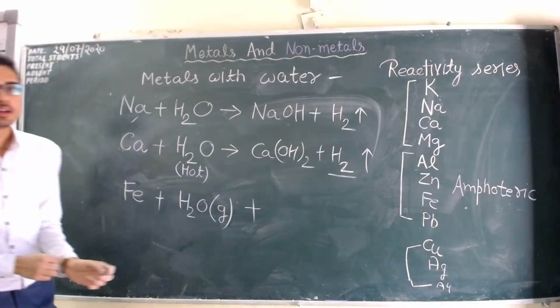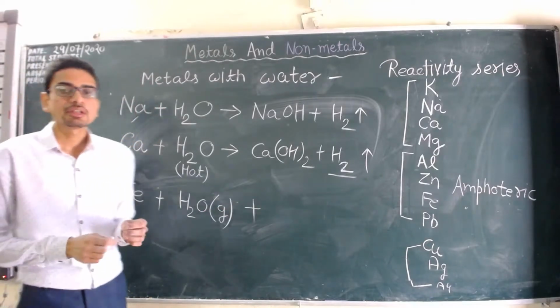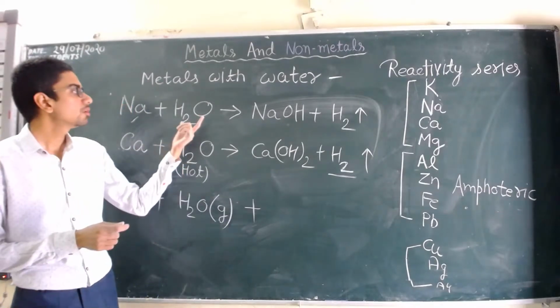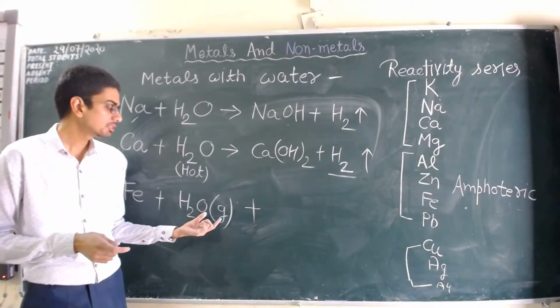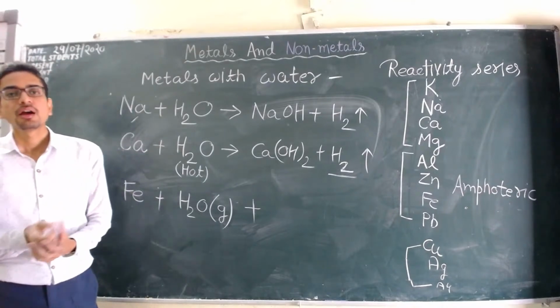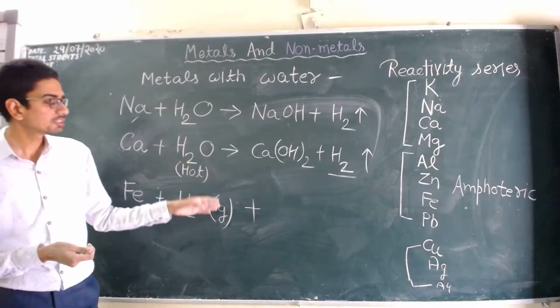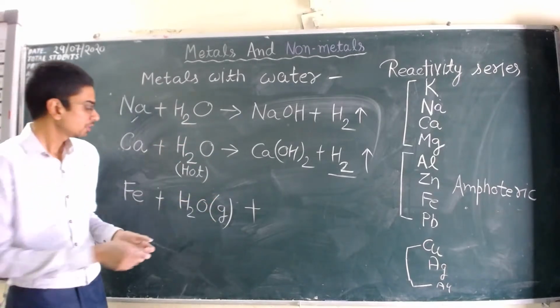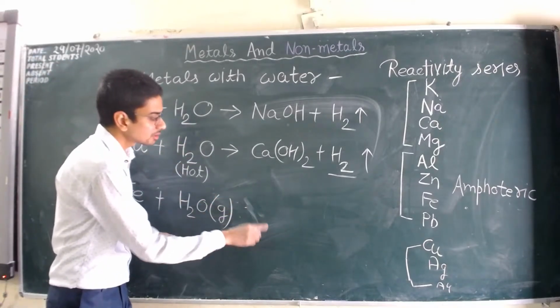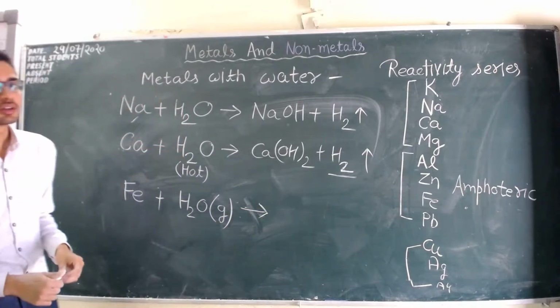Okay. If there is a question, I am asking you one question that why does iron not react with water and it reacts with steam? ऐसा क्यों होता है? Because iron is very less reactive, so it cannot react with water. It reacts with steam. Okay. So what will be the products in this reaction?